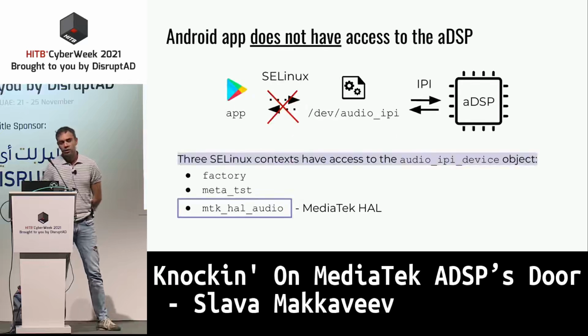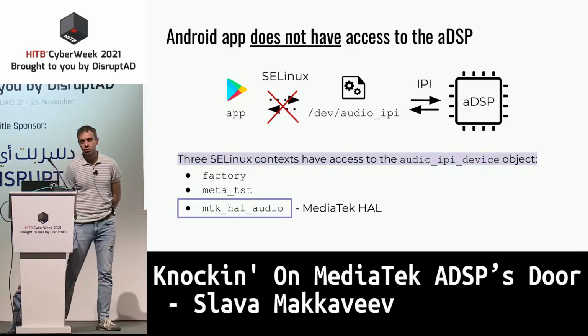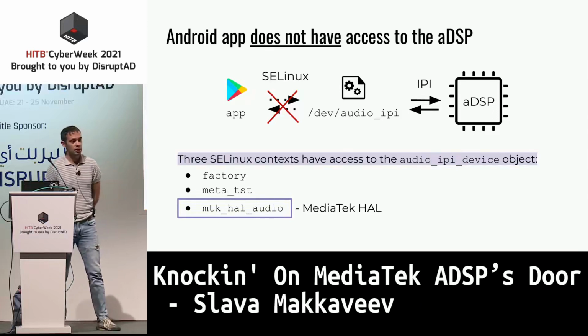We know how to trigger vulnerabilities in the audio DSP using the audio EP driver ioctl, but unfortunately, an unprivileged Android application has no permission to communicate with this driver, because SELinux allows access to the audio EP device object only from factory, metatest, and MTK HAL audio contexts. So we need to find a way to exploit the Android HAL to be able to call the audio EP driver.